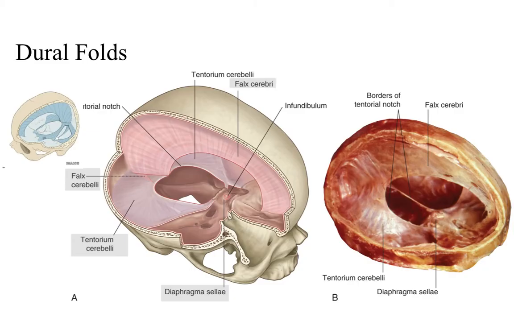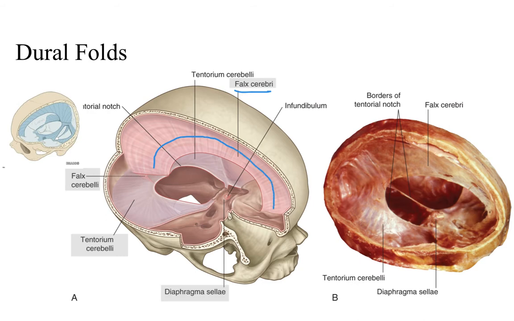So the dura mater in the cranial cavity is going to be pretty complex. There are several folds within the cranial cavity that separate the brain really into different compartments. The ones that we're going to talk about, one is going to be the falx cerebri, and that's going to be this dural layer that invaginates between the cerebral hemispheres.